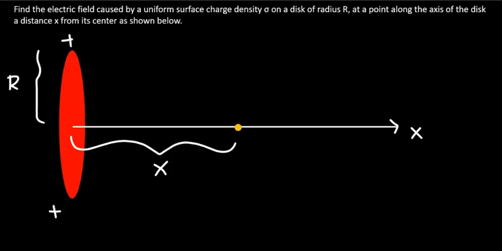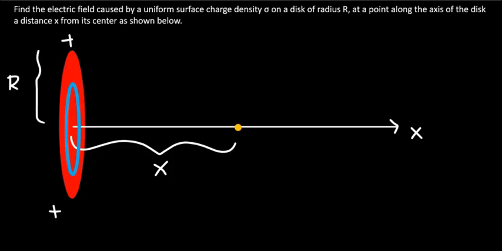The charge distribution is uniform, meaning the sigma here is a constant. The unit for surface charge density is coulomb per meter squared. To do this problem, first we have to divide this disk into rings, one of which is shown here in blue.